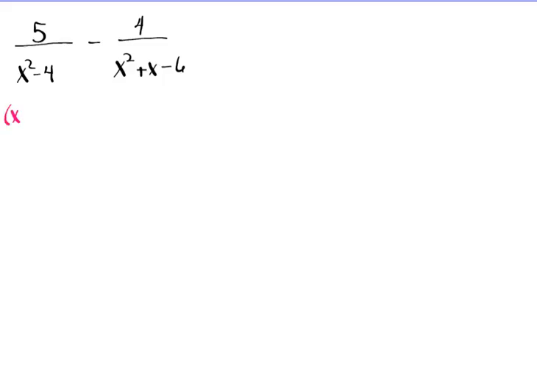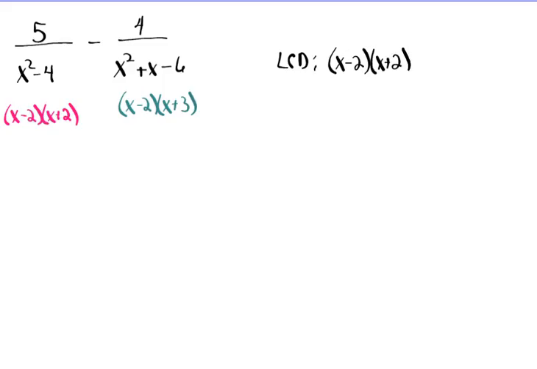So this is x minus 2, x plus 2. This one over here is x minus 2, x plus 3. My common denominator, my LCD in this case, is x minus 2, x plus 2, and x plus 3.